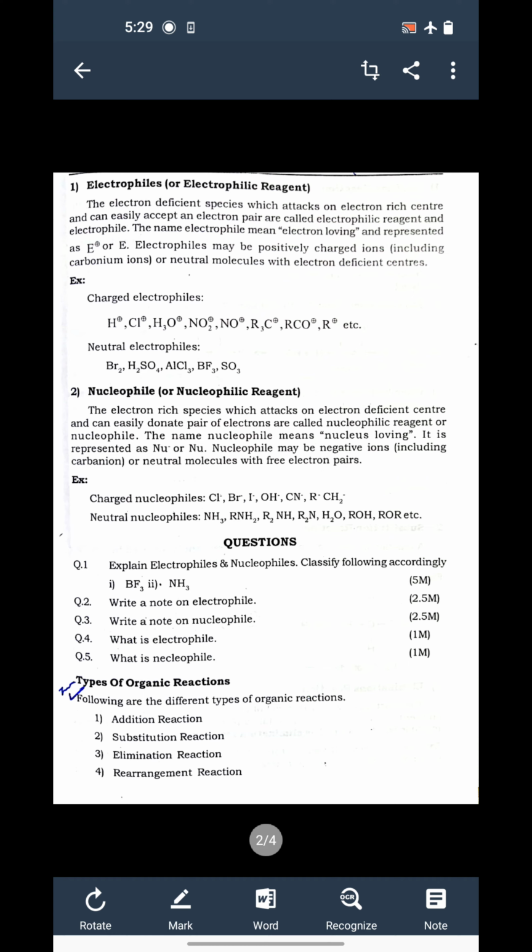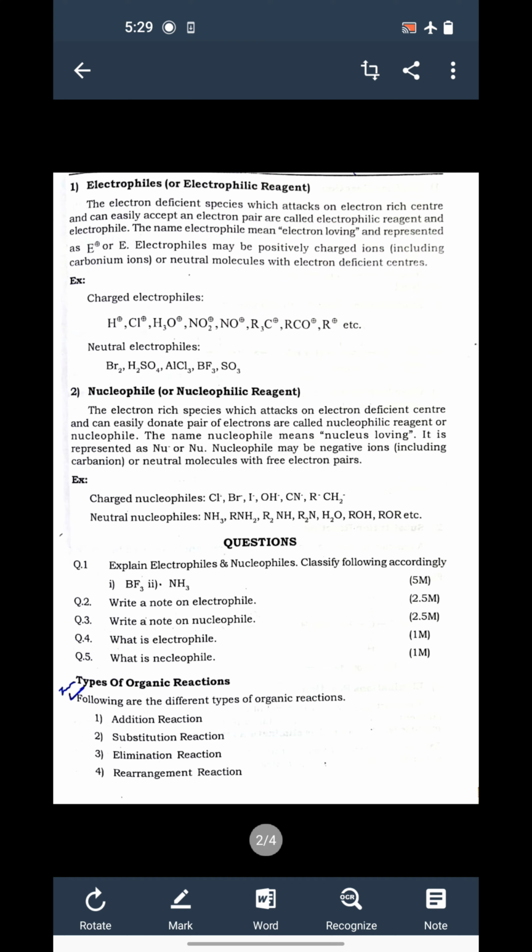Charged nucleophiles have a negative charge so that they get attracted towards a positively charged or electron deficient center. So Cl minus, Br minus, I minus, OH minus, CN minus, R minus, CH2 minus are all charged nucleophiles having a negative charge.